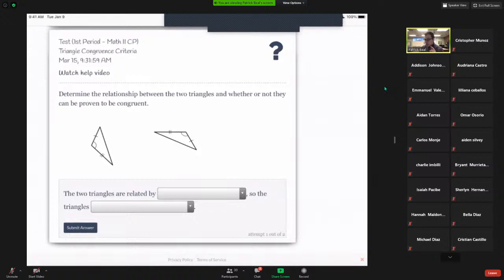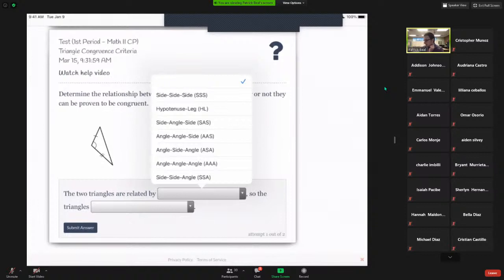So in this one here, we have two marked sides and one marked angle, which means it's going to use two S's and one A. I'm pretty sure there's only one shortcut that uses that. But if we look at our list here, that's going to be either SAS or SSA.